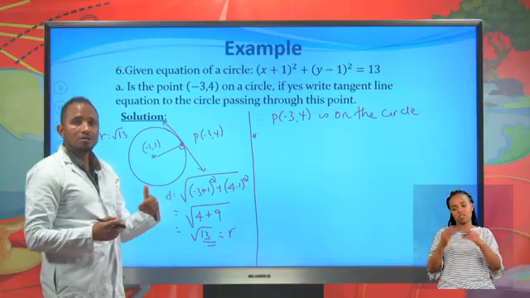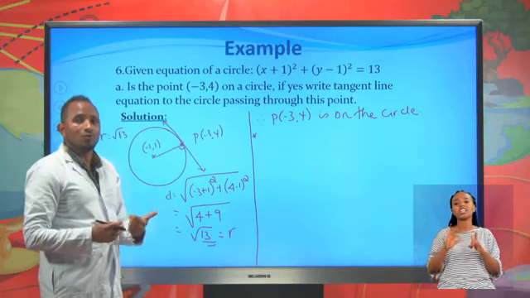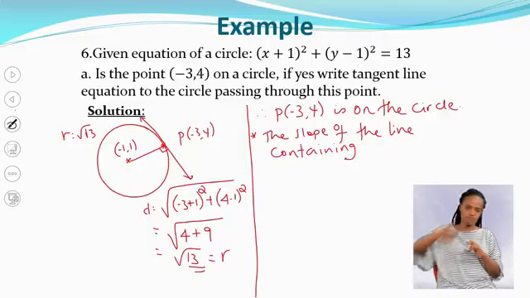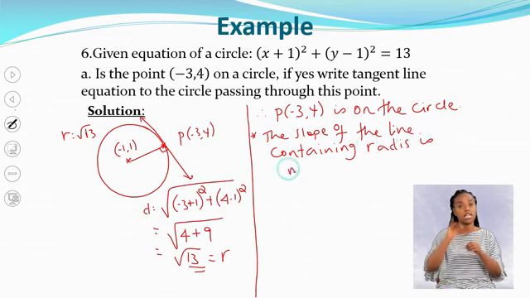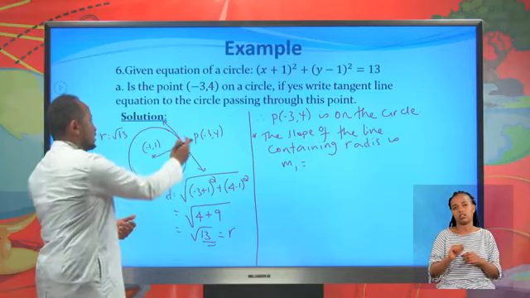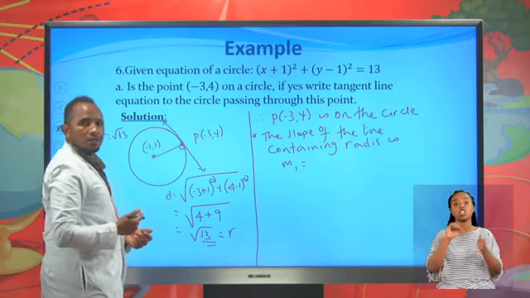So let's find the slope of the line containing the radius. Assume it is m1, change in y over change in x.